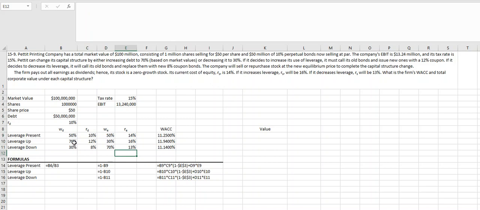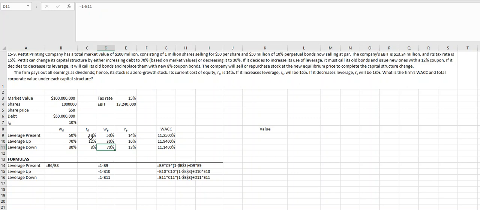If the firm leverages up, it will go to 70% debt, and you can see that right here, increasing debt to 70%, or decreasing it to 30%. So leverage up is debt of 70%, leverage down is debt of 30%. We can simply get the weight of equity as 1 minus the amount of debt. So you can see 1 minus the amount of debt gives us the weight of equity, and you see that referenced here down below in this formula chart.